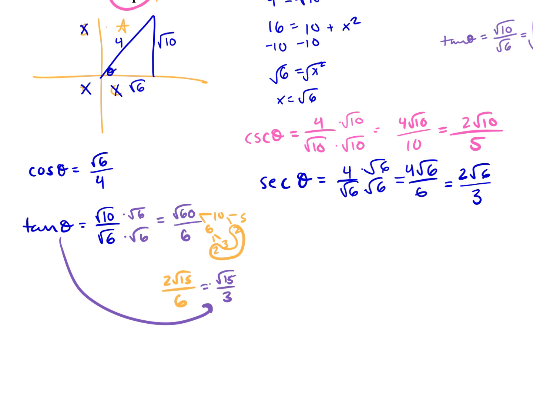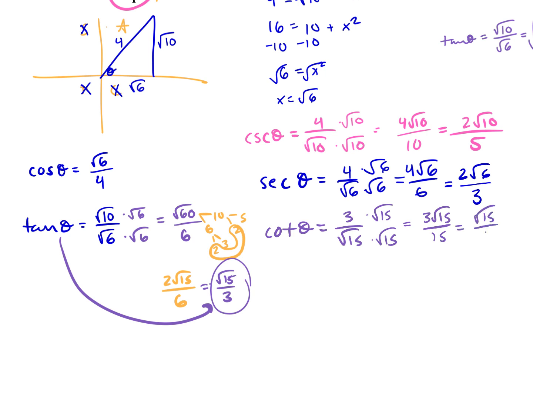And then lastly, I have cotangent. I'm just going to flip the end result that I have because I know that one's simplified. So that would be 3 over square root 15. Rationalize, so 3 square root 15 over 15, which would be square root 15 over 5.